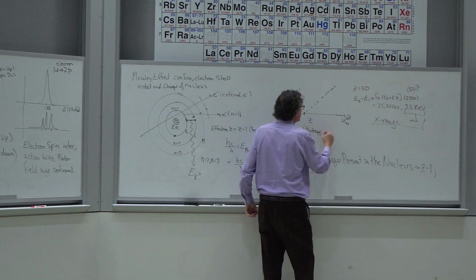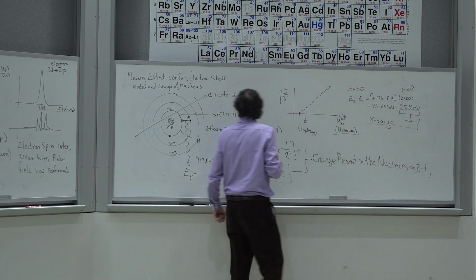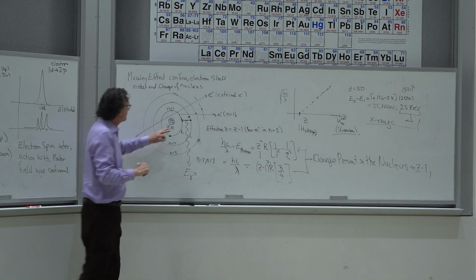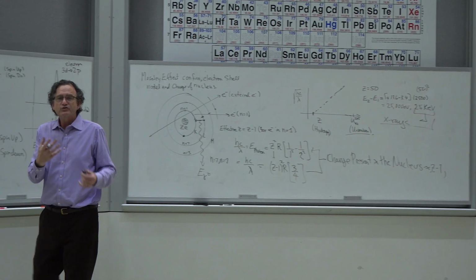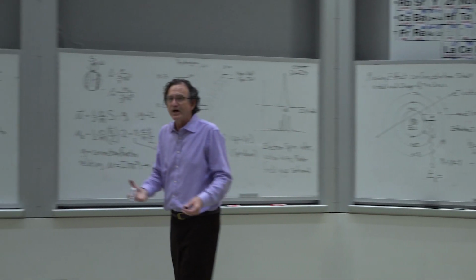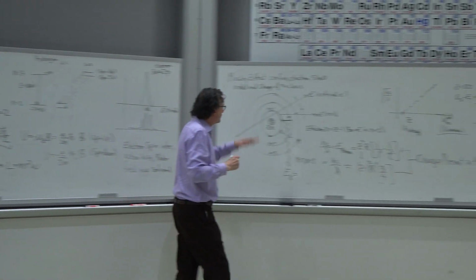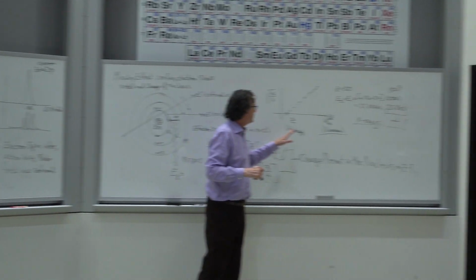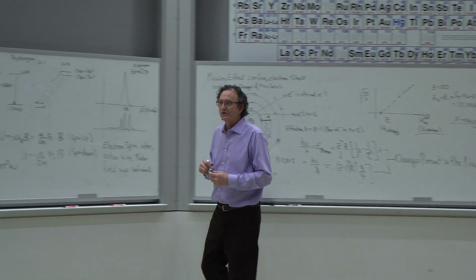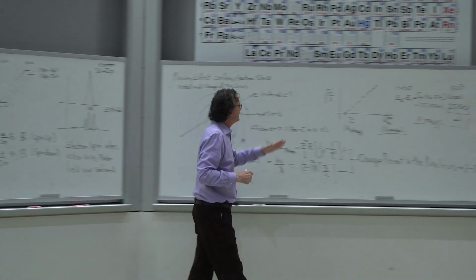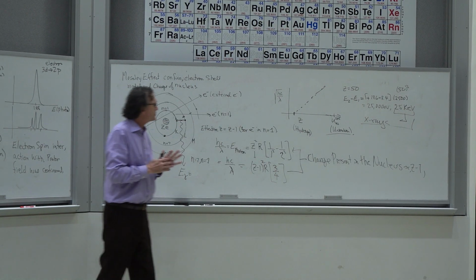So this would be hydrogen, and this would be uranium. This Moseley effect was really important, and it confirms that you can use the energy levels that we derived for the Schrödinger equation or the Bohr model to predict the correct energies of the photons from these transitions, from hydrogen up to uranium. It fit a straight line.